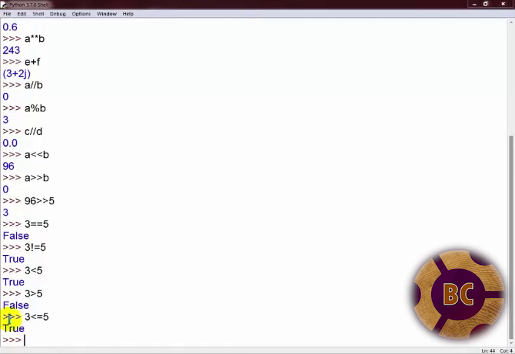The result is true, because 3 is smaller than 5. I think greater than or equal is the same. Greater than, greater mark, followed by equal mark.